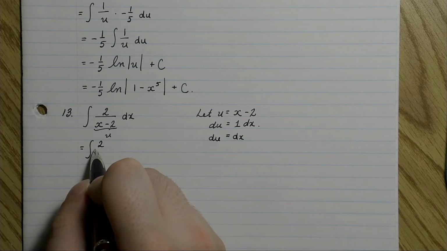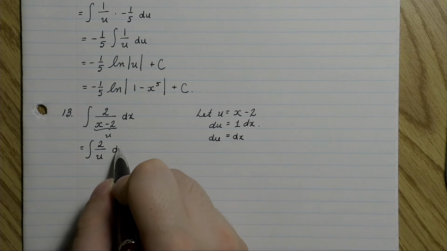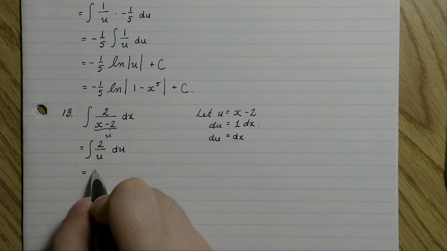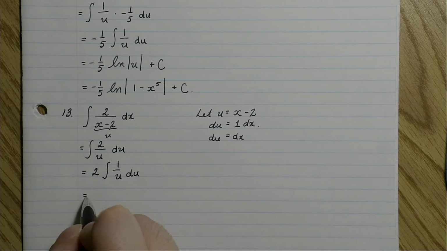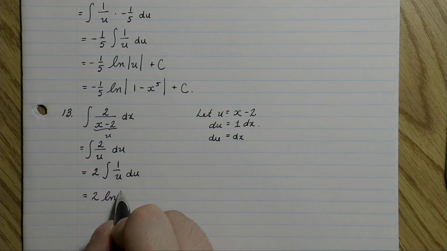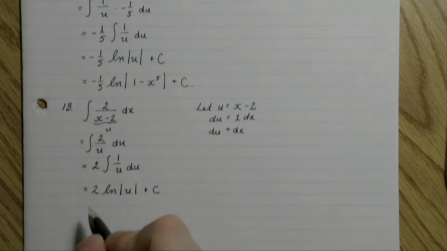So I get 2 over u du. And I don't have to worry about that 2. I can actually pull that out in front. So it's the integral of 1 over u du. And if I use my rule of integration, then that's just the ln of u plus c.